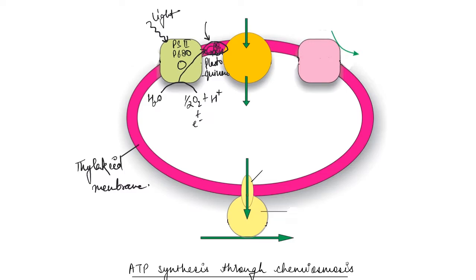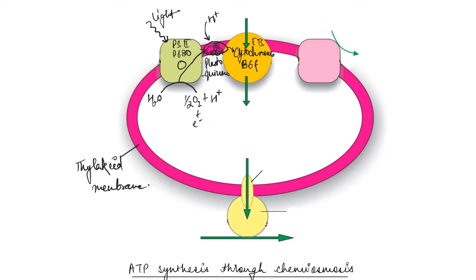And it is also using protons. And it is getting transferred to where? It is getting transferred to the electron transport system, which has cytochromes. So here it has the cytochrome with the name B6F, right?